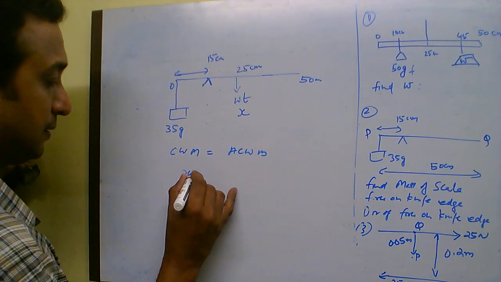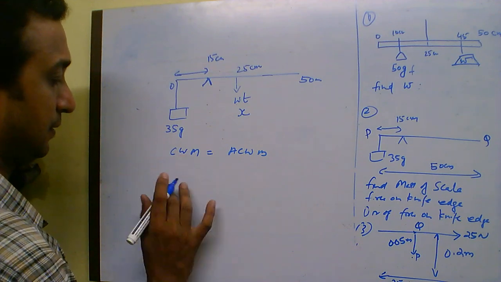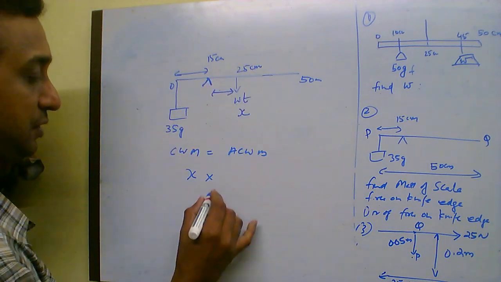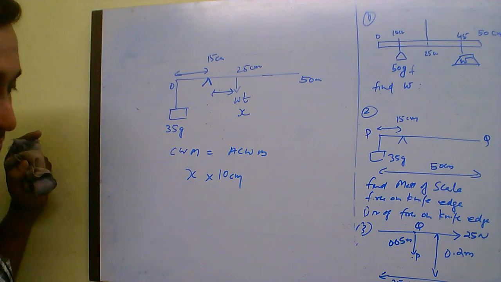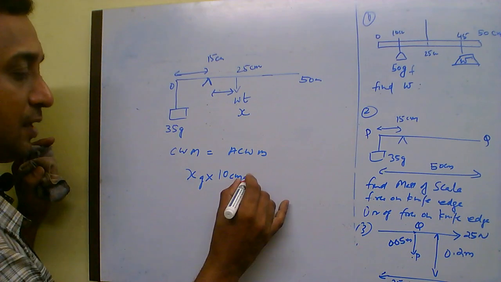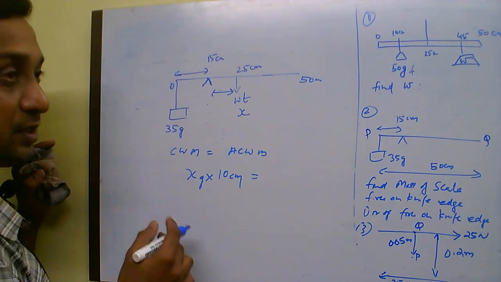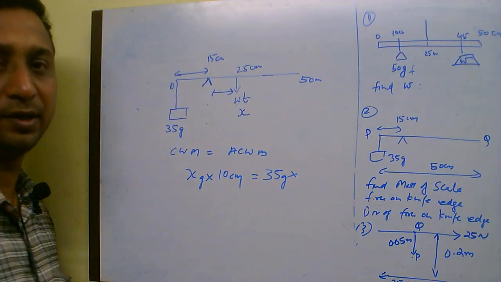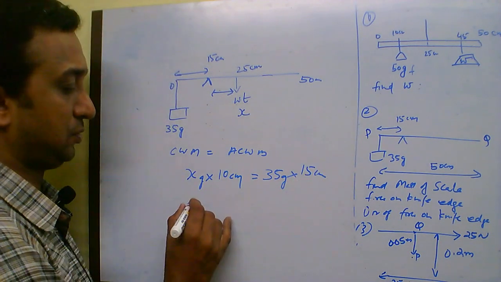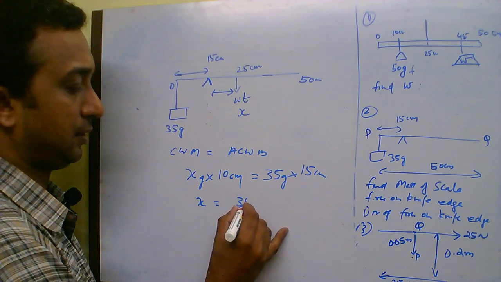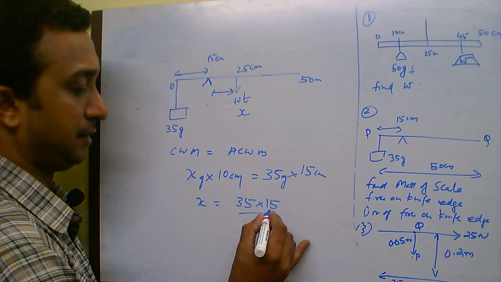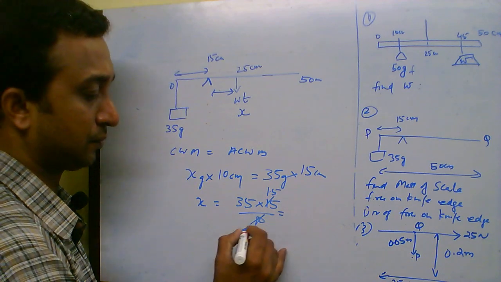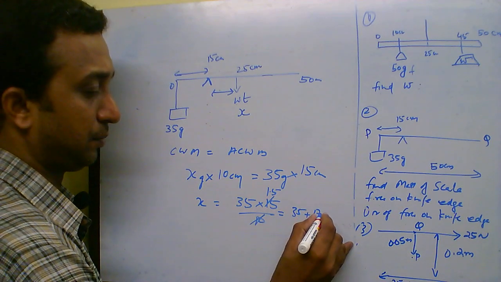So x, the mass of the scale, multiplied by the perpendicular distance from the axis of rotation, that is 15, this is 25, so 10 centimeters, is the clockwise moment. And on the other side, who is making it turn anti-clockwise? That is 35 grams, multiplied by the perpendicular distance from the point, that is 15 centimeters. So you can easily find the mass of the scale as 35 multiplied by 15 divided by 10. So this is 1.5, 35 into 1.5. So 35 plus 17.5.